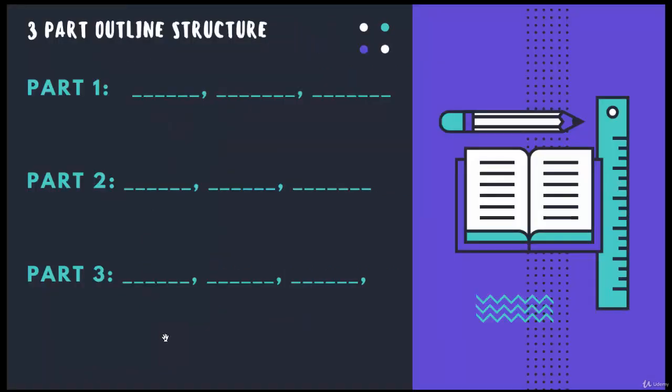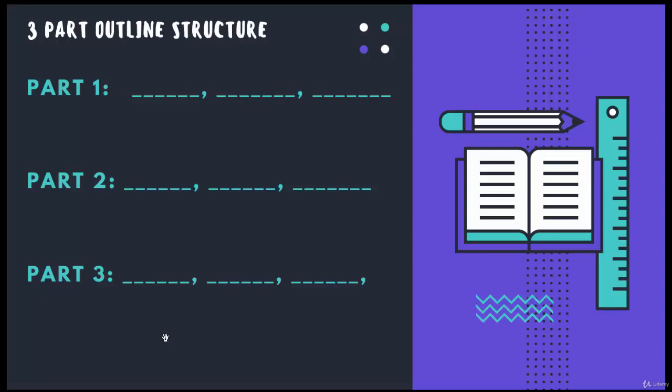Now, one thing that's so important for students to do that I don't think you guys really understand, you need to do an outline before you start writing. It is so helpful to have an outline and know what you're going to talk about, the ideas you're going to discuss before you start writing.